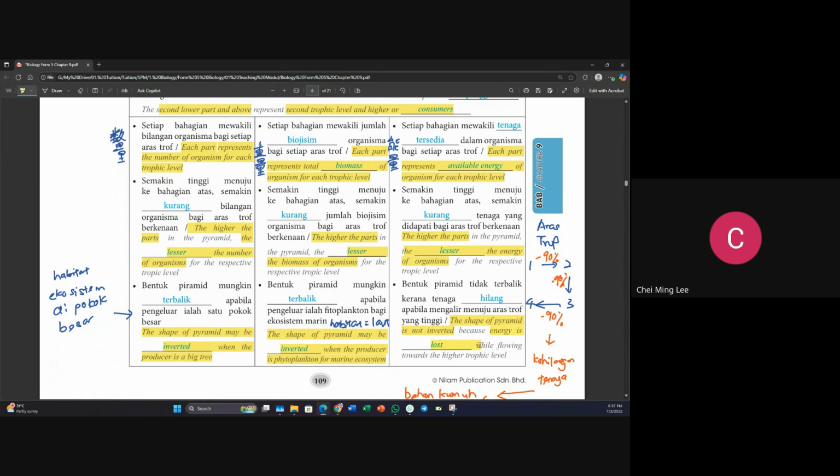Because the energy loss while flowing towards the higher trophic level is normally fixed. How much? The energy loss is 90%. Remember, each trophic level will lose 90% of the previous trophic level. Only 10% is transferred from one trophic level to the next. Then for the next one, another 10% of that 10%. So that means in total only 1% will transfer like that.